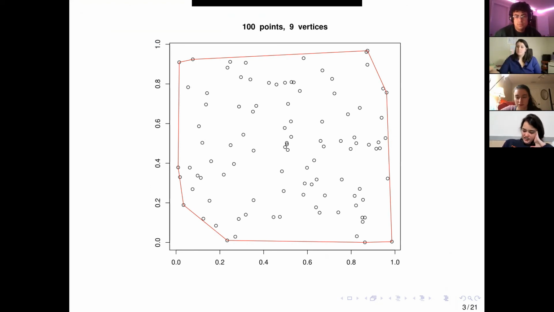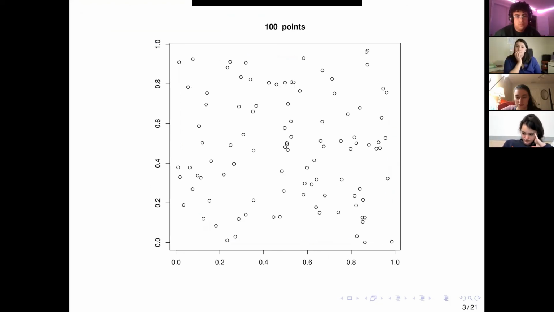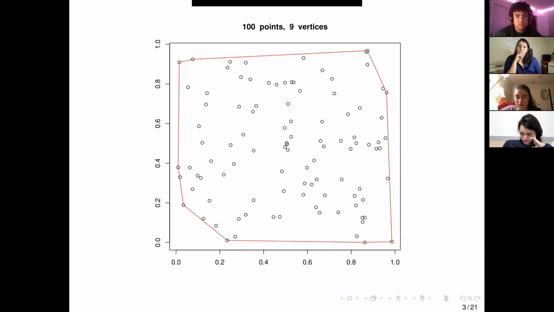Whenever you throw down randomly many points, you get one polygon and one number, your number of convex hull vertices. In this simulation, I get 9. But if I were to do the simulation again, I might get 11, and if I do it again, I might get 8, and so on, right? So that number of vertices is a random variable, and it has an expectation, which is what you would think of as if I were to do this a million times and take the average.